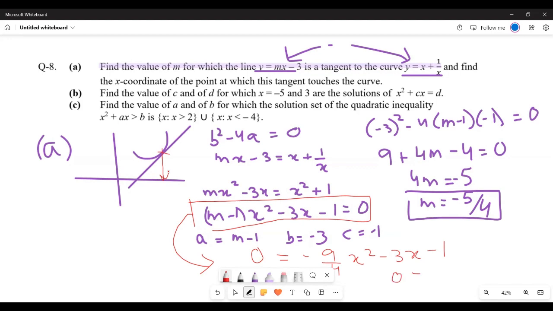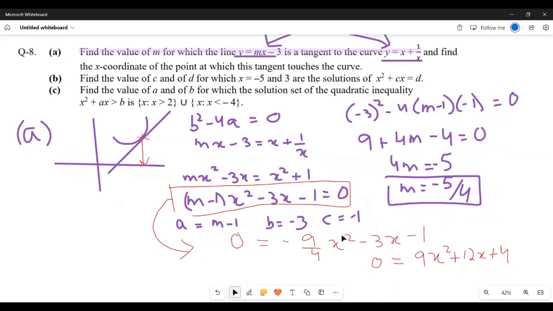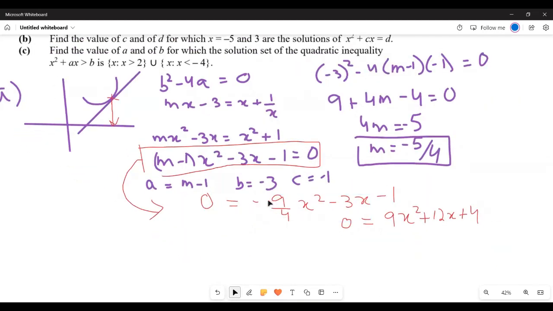So 0 equals 9x squared plus 12x plus 4 equals 0. I multiplied both sides with minus 4 so that this minus term becomes positive, and we have a positive coefficient of x squared.